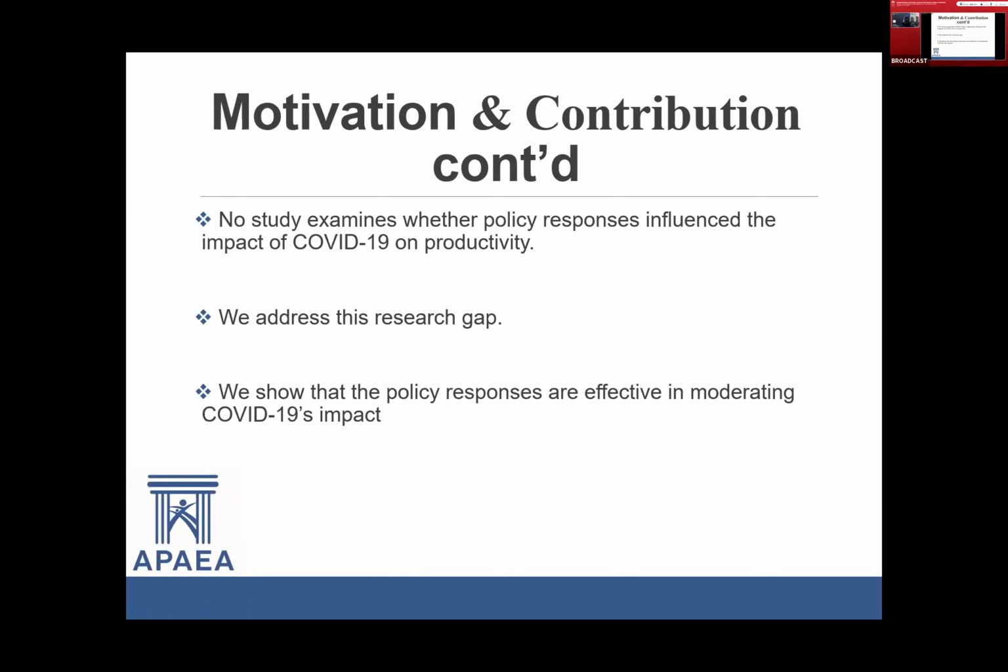Then in the second part, what we try to do is to see whether, or to what extent, these policy initiatives succeeded in reducing or reversing the impact of the pandemic.